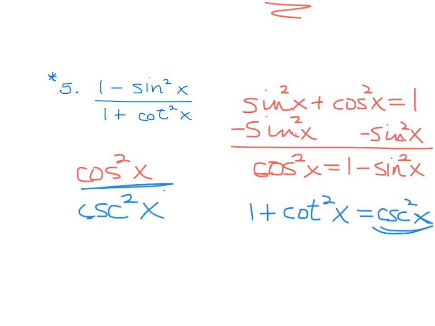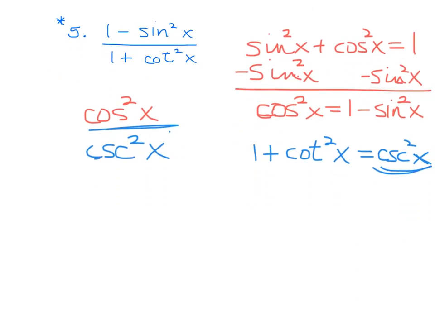All right. I can now realize that I do have a reciprocal in the denominator. So I'm actually going to change the cosecant squared x to its reciprocal identity, which is 1 over sine. So I'm going to leave the top, cosine squared x. I'm going to change the denominator and make this 1 over sine squared x.